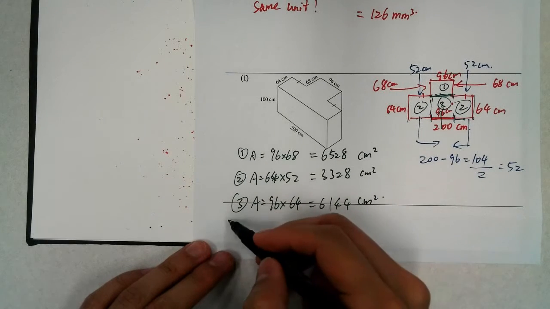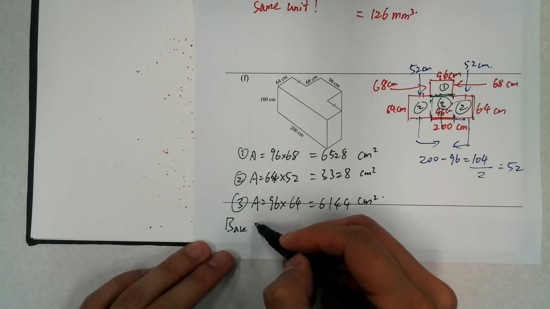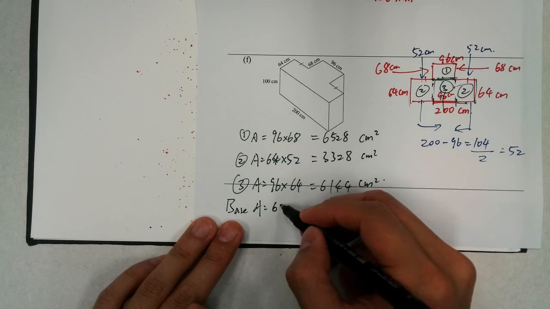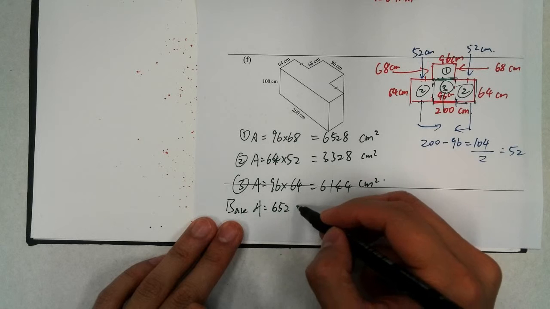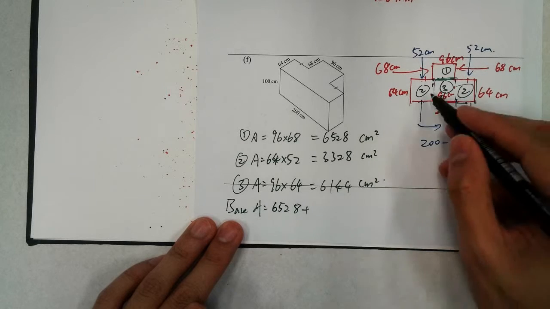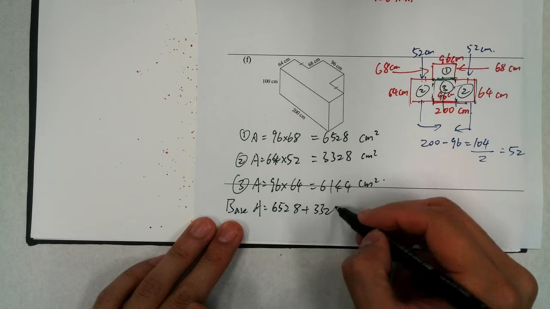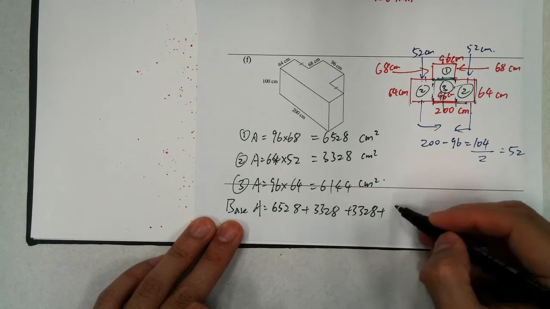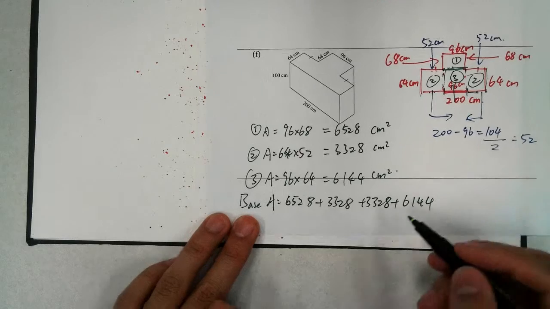So therefore, the total base area would be the first one, 6,528, plus the second one, 3,328, and another one because there are two of them, plus 6,144.